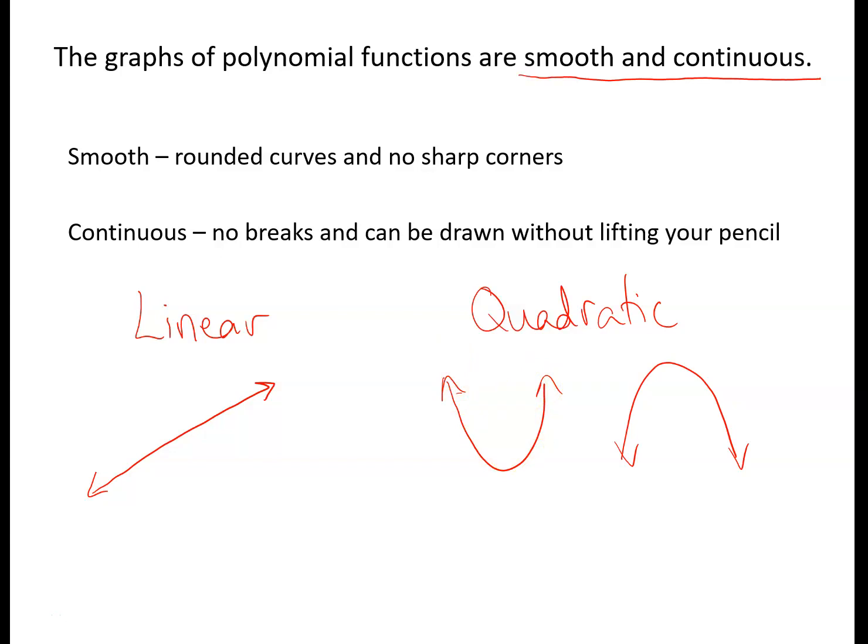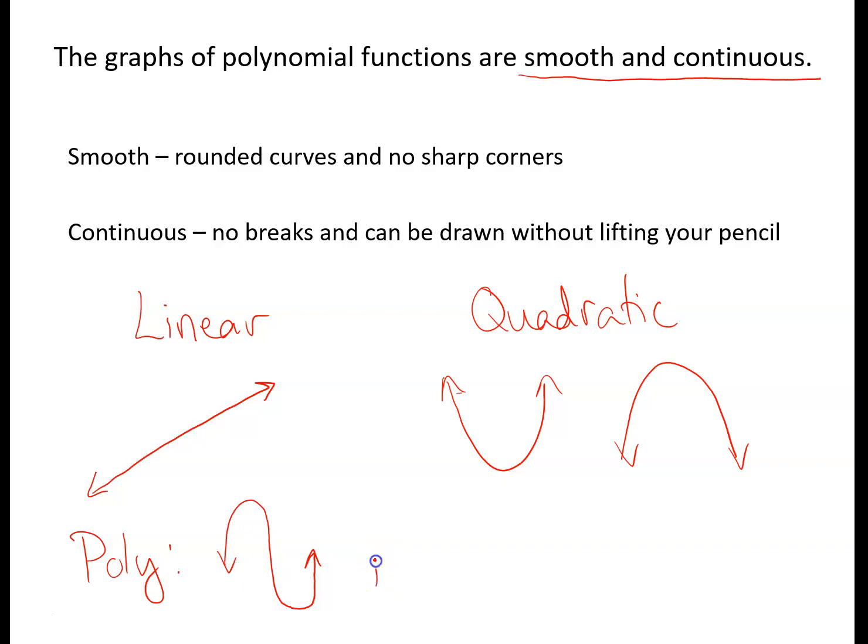Now, the nice thing about the linear and the quadratic are we know those shapes. But when we get into third or fourth degree polynomial functions, we are not going to know the exact shape. But we do know these two things. We know the graphs are smooth and continuous. So it might look something like this.